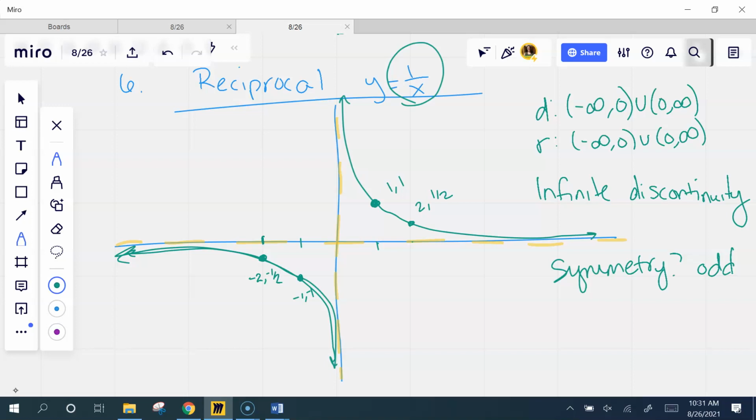If you plug in a negative for x, you end up with 1 over negative x, which changes the sign of everything, which makes it odd, because odd means opposite.